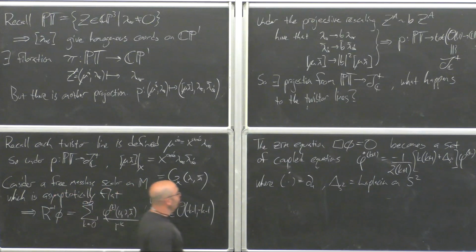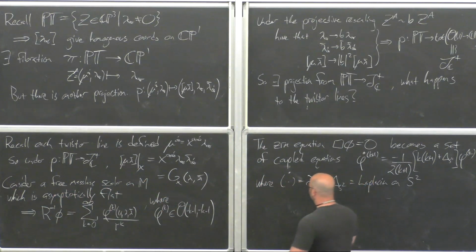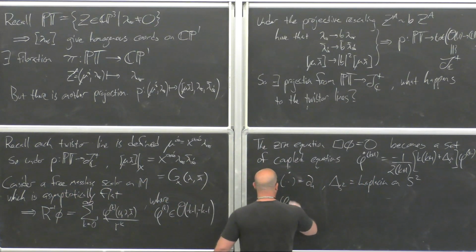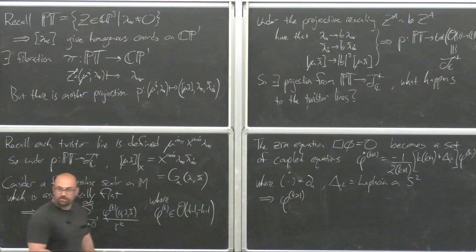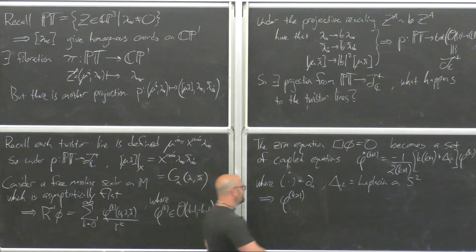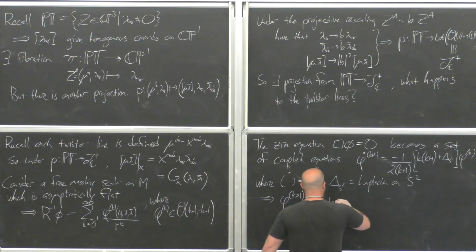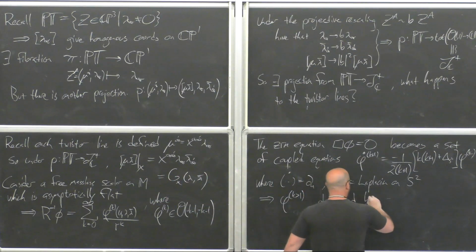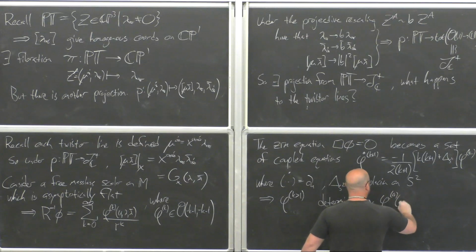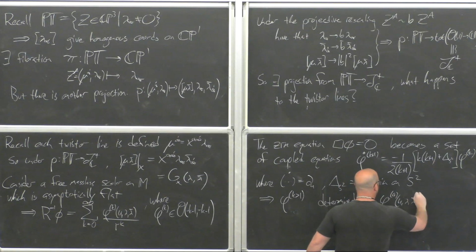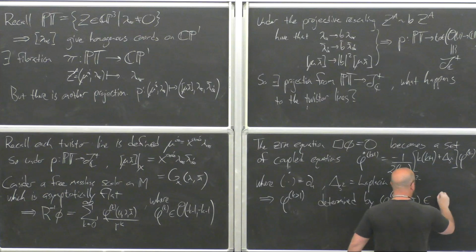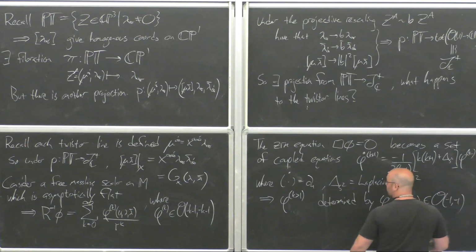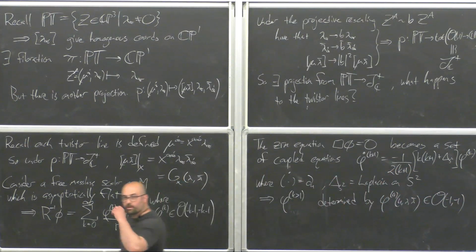And what you immediately see from this is that all of these coefficient functions for k greater than 1 are determined by the leading one, phi 0, which is valued in curly O minus 1, minus 1. All we're seeing here is the statement of what the radiative part of the field is.